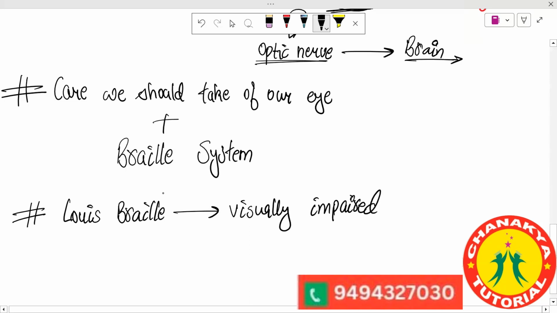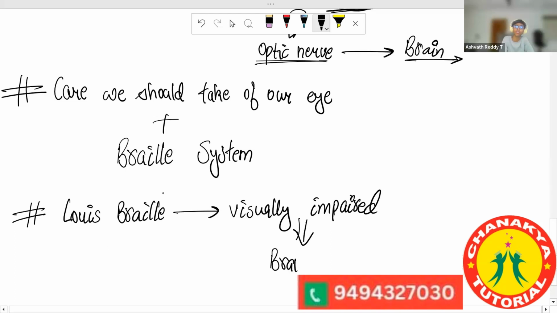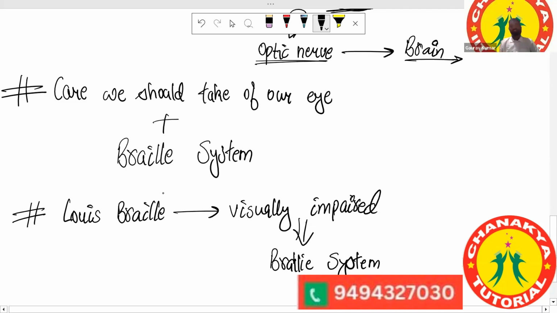Sir, he invented a system where there are dots, a dot-like arrangement. I will ask you this in the next class. This is your homework. You need to know what the dots are and how, if you need to communicate with a person who is blind, and you get that braille system in your hand, you will be able to read it if you close your eyes.